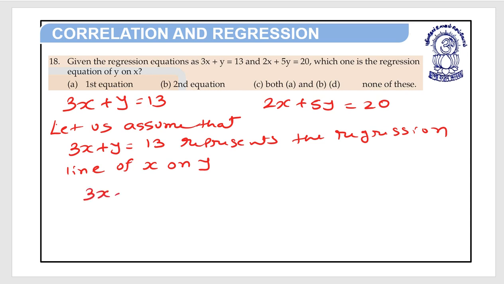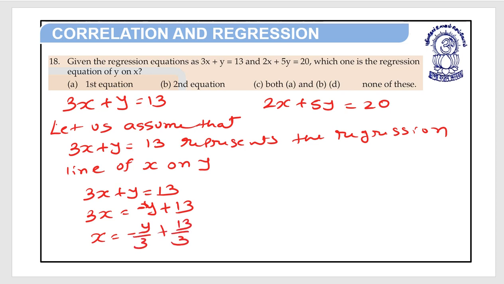So here 3x plus y is equal to 13. 3x is equal to minus y plus 13. So x is equal to minus y by 3 plus 13 by 3.